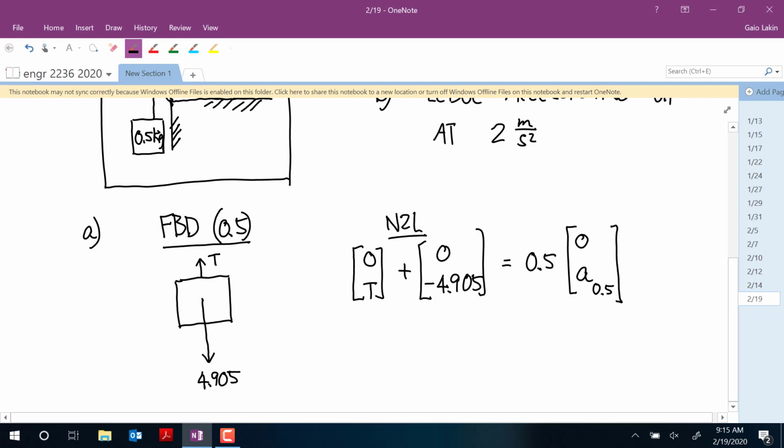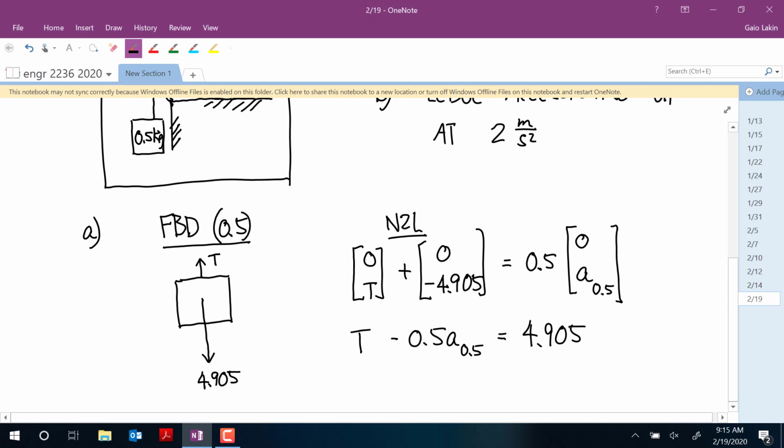The x equation doesn't help, but the y equation tells us that if I rearrange this, we get T minus 0.5 a sub 0.5 is equal to 4.905.